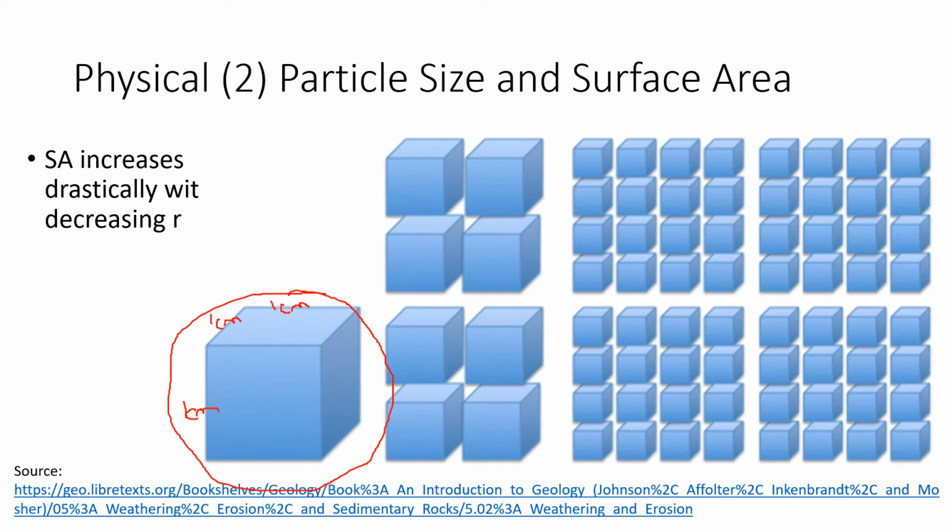So we have 1 cubic centimeter of this rock material. All right. Now think about your surface area, and we'll talk about what that is. It's 1 centimeter by 1 centimeter times 6, because there are 6 faces, right? So 6 square centimeters, right? So we have 1 centimeter cubed, and we have 6 centimeters square surface area. Okay.